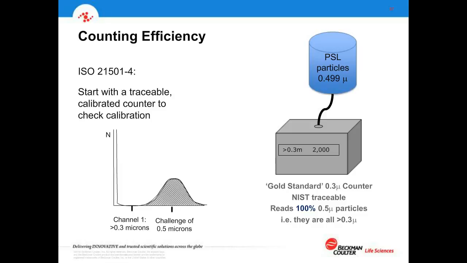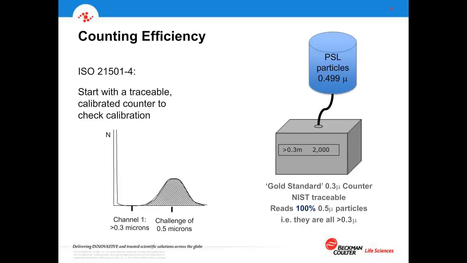So we start out, for example, 0.5 micron challenge, 0.3 micron setting. We should see everything that's there. Notice, though, that that curve is not a single spike. It's generally a Gaussian, a curve that has a distribution to it, fairly tight if it's got good resolution, but it is a distribution.